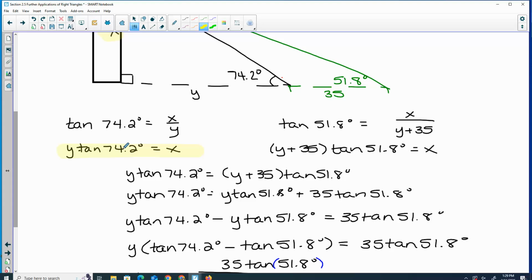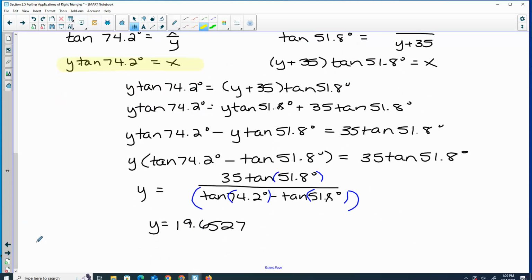Either one of them technically, but this one is faster. We already said x is y, which we just got to be 19.6527, times tangent of 74.2 degrees.